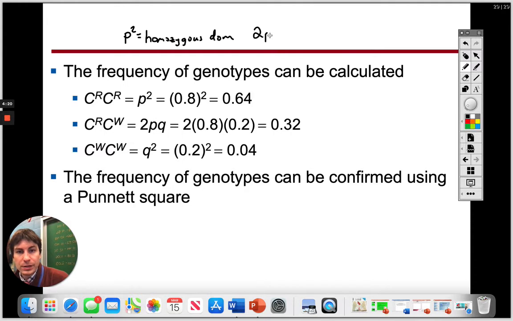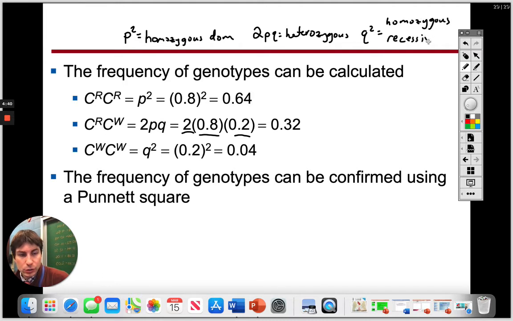Our 2PQ, and when you're doing this, you do got to put the 2 in there, so we got to do 2 times our two numbers. These are our heterozygous. And then lastly, our Q squared, this is going to be our homozygous recessive individuals.